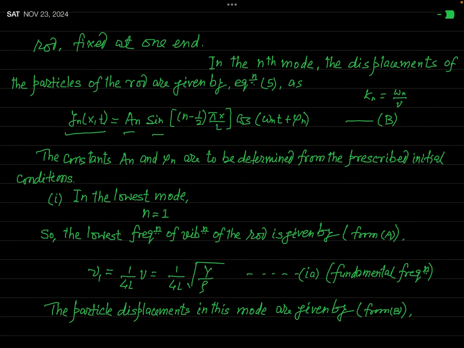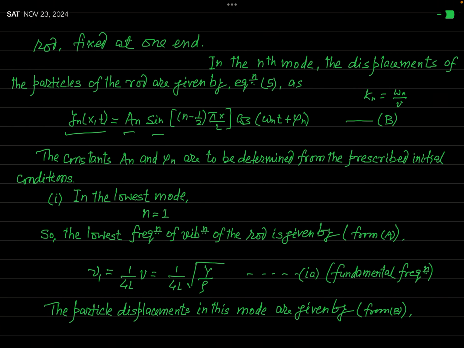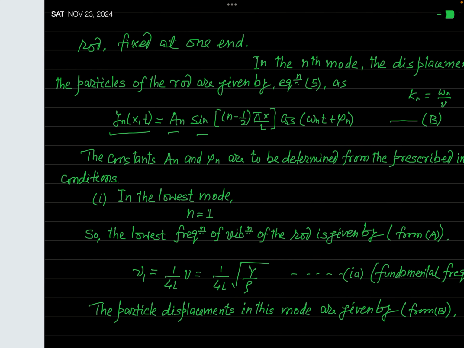And this omega n, you have seen that this omega n is equal to this much. So from here you can see when you find omega n over v, what will be your result? This will be (n minus 1 over 2) times pi over L. So this is the value of omega n over v, which will be written instead of kn.